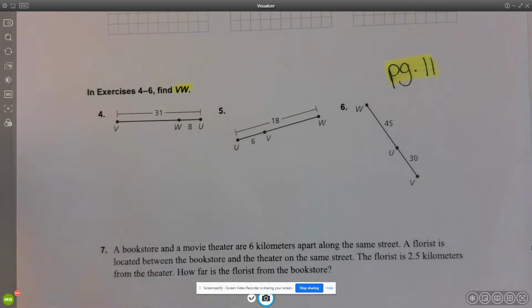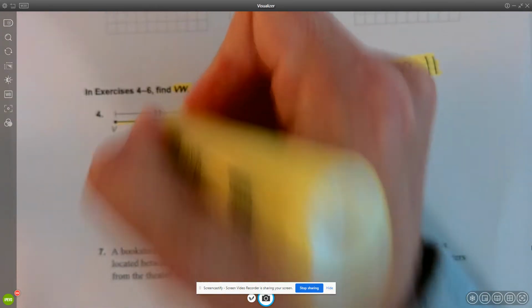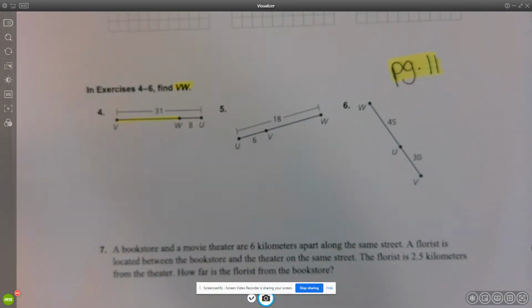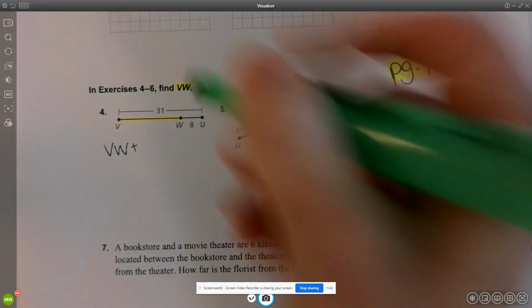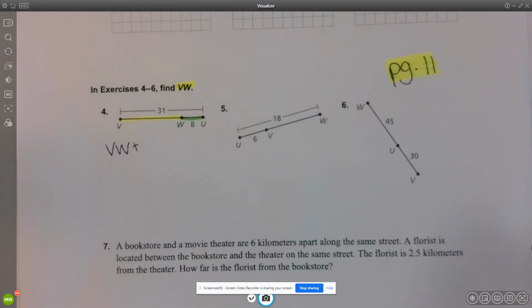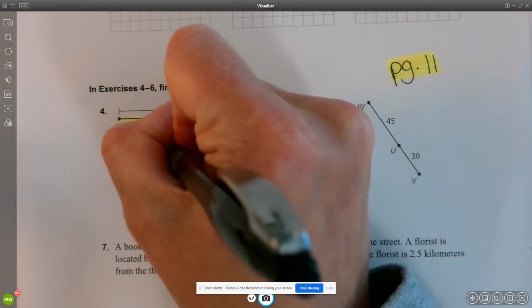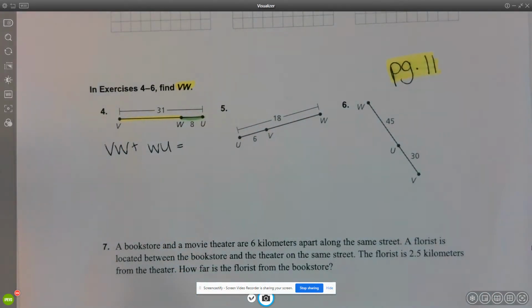Some of you might automatically know what to do, and that's fine, but I'm going to set up an equation using the segment addition postulate. We know that the part VW plus the part or the line segment WU must add up to equal the whole VU.